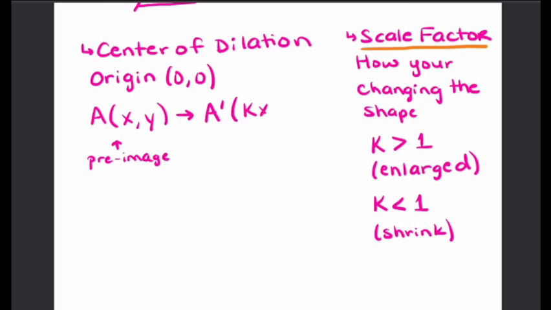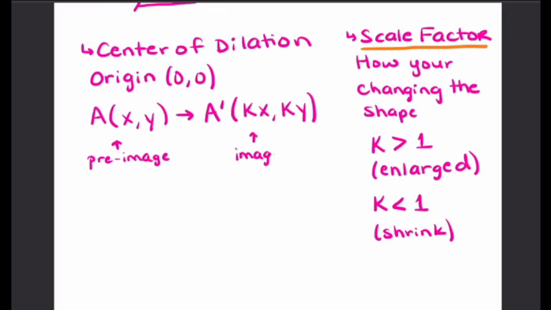Scale factor is important because if we dilate with the origin as the center of dilation, what happens between the pre-image and the image is that you just multiply both X and Y by whatever your scale factor is.